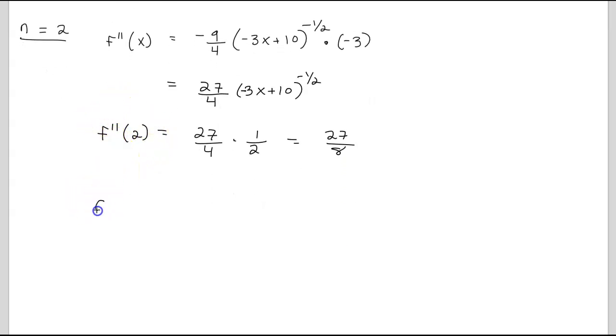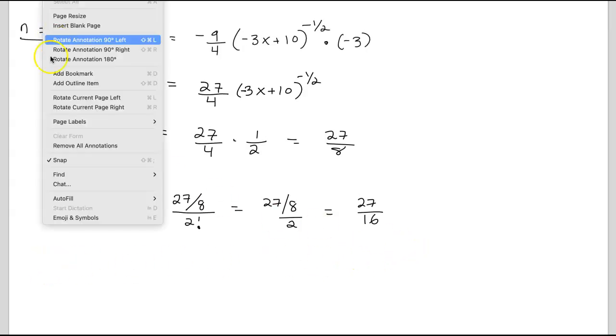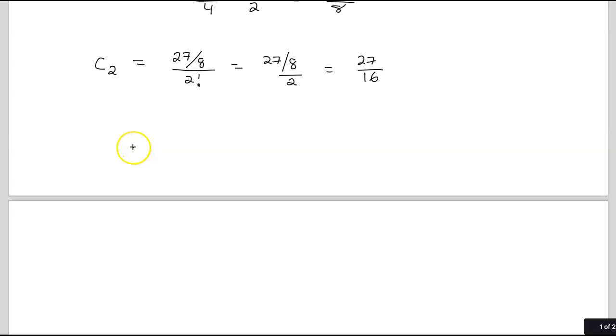And so therefore the second coefficient is going to be 27/8 divided by 2 factorial, which is 27/8 over 2, which is 27/16.